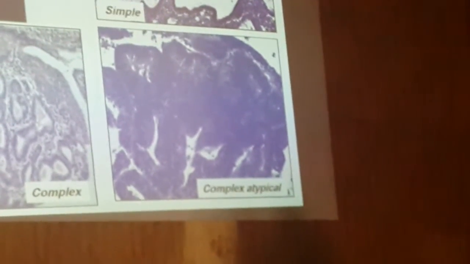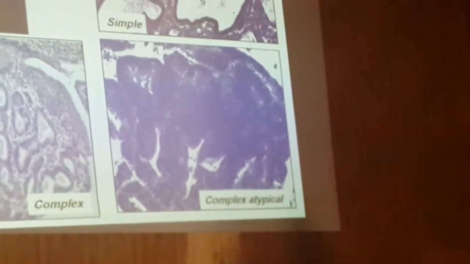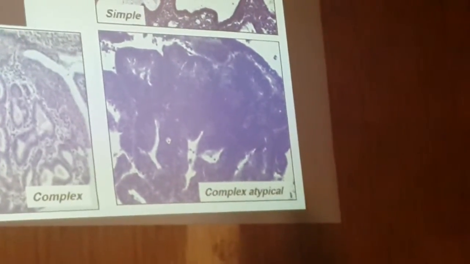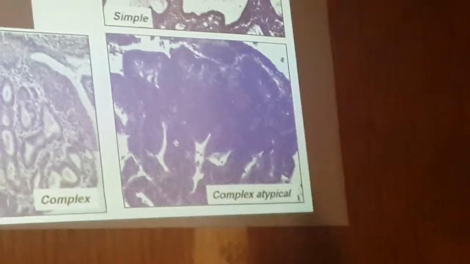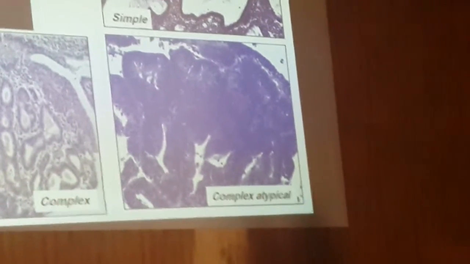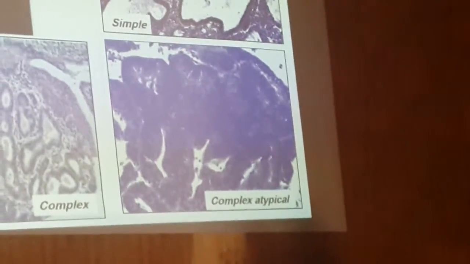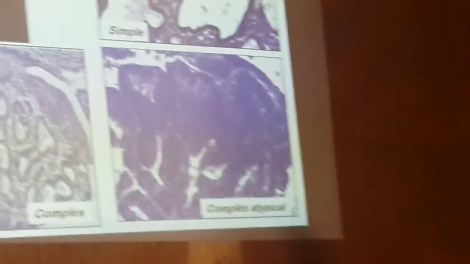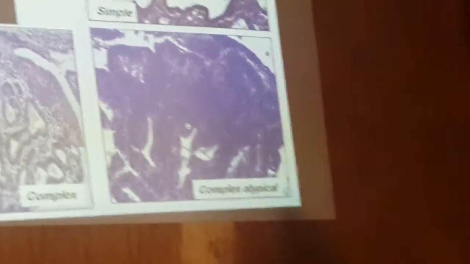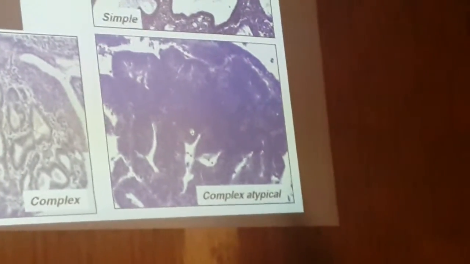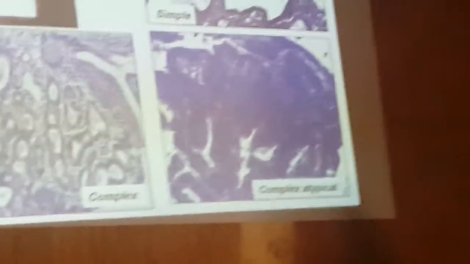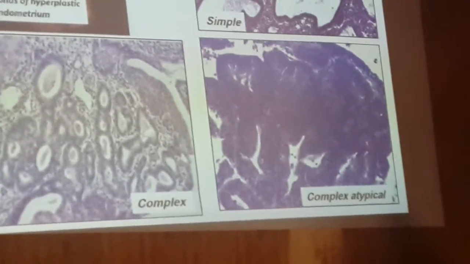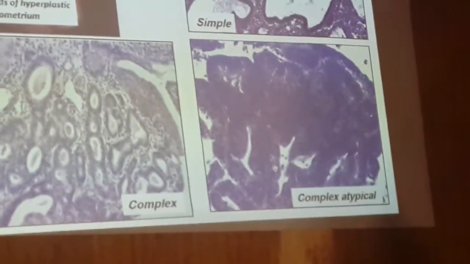The only difference remaining is invasion, which is much more important. So this is complex atypical hyperplasia. Glands become much closer to each other. There is much more proliferation and there is some change, pleomorphism and other things. So these patients with this hyperplasia are more prone to get endometrial carcinoma. Okay? The other type can also lead to endometrial carcinoma, but to a lesser extent. But here, because of atypical features already, there are more chances.